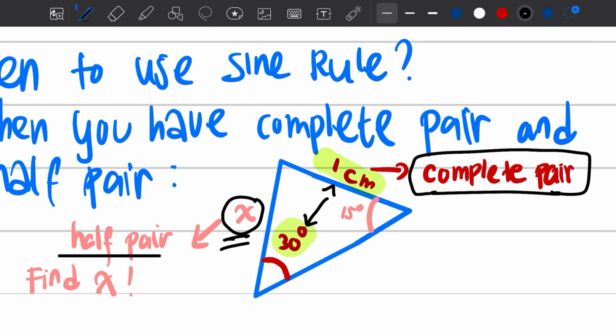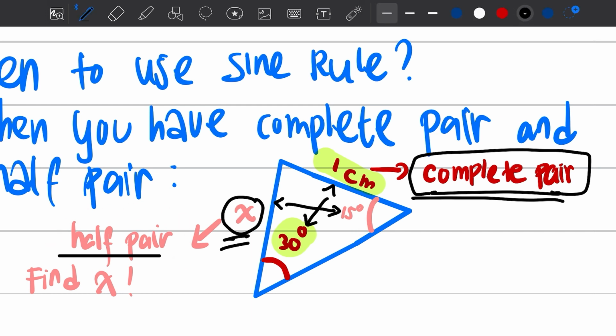We call it a complete pair because we know the side and also the angle that is opposite, with both values known. And then I have a half pair. So I know the angle, but I don't know the side that is opposite to that angle. Or the opposite, you know the side, but you don't know the angle. We call it a half pair.